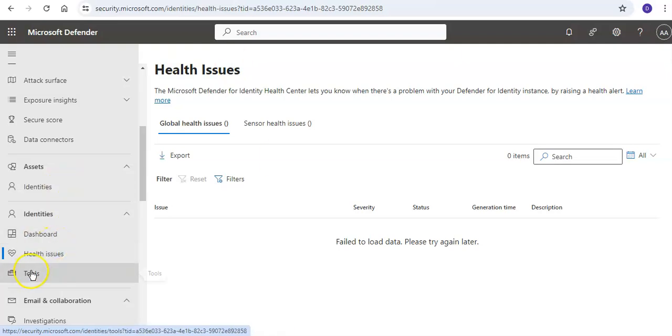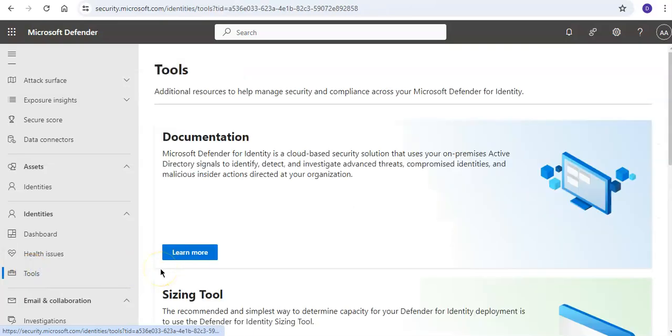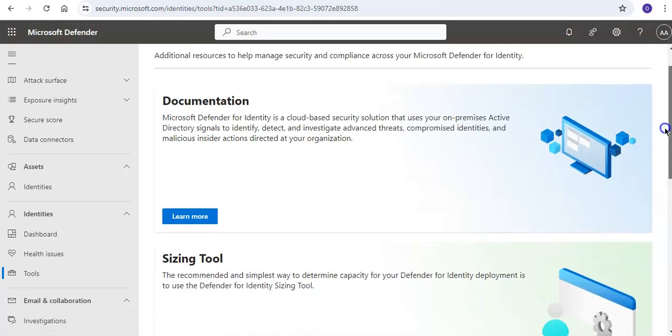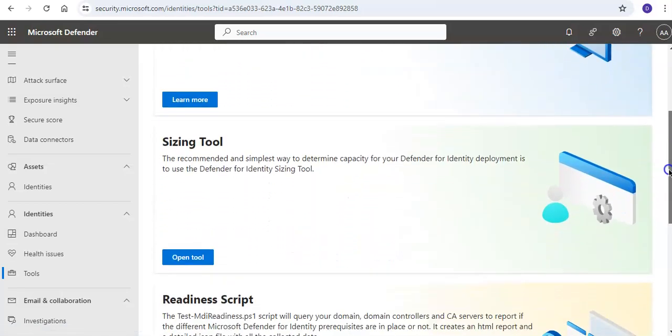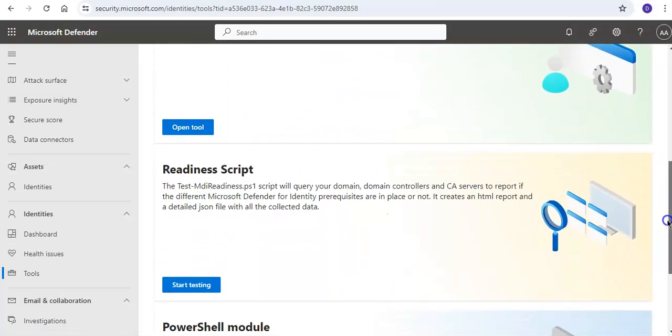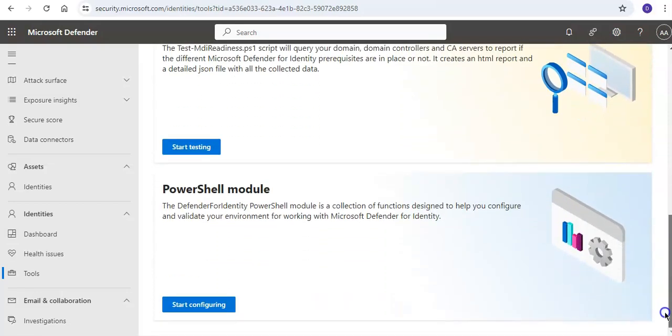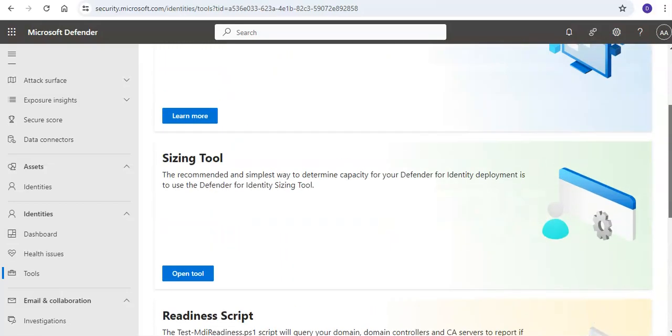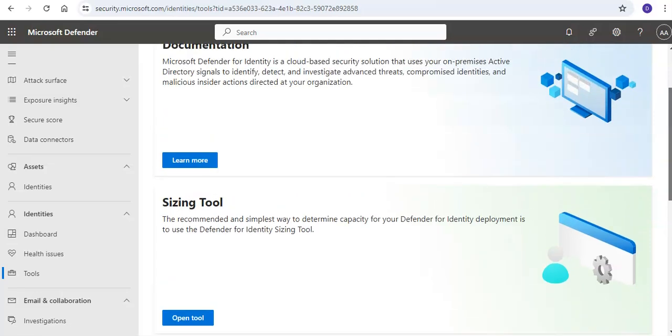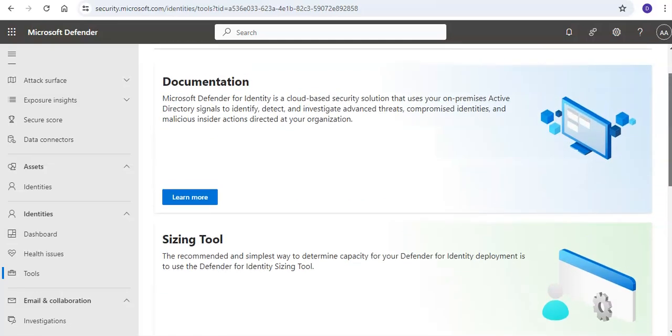If you look at the tools section, these are additional resources to help manage security and compliance across your Microsoft Defender for Identity. You can go to the documentation, and look at the sizing tool, readiness script, and the PowerShell module that is required to work through the command line interface.